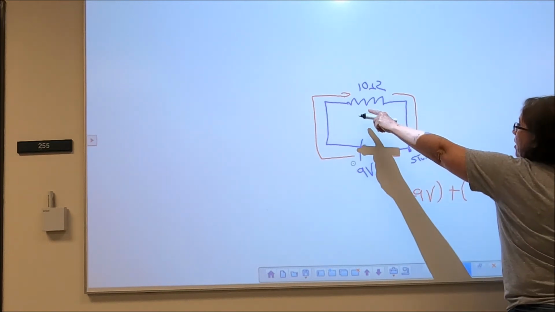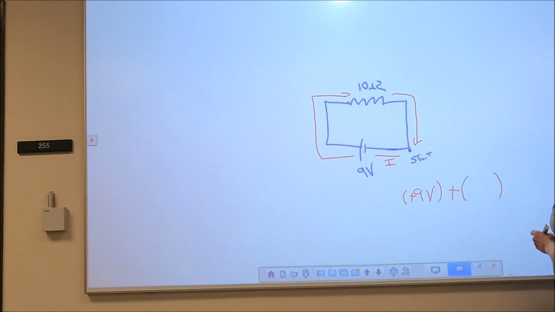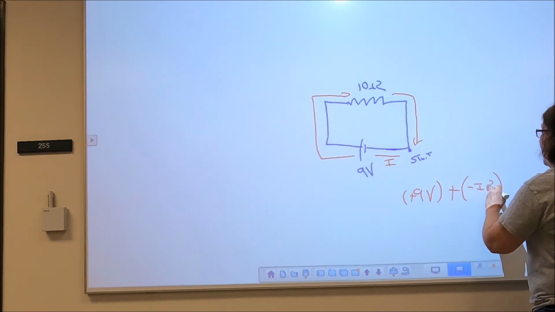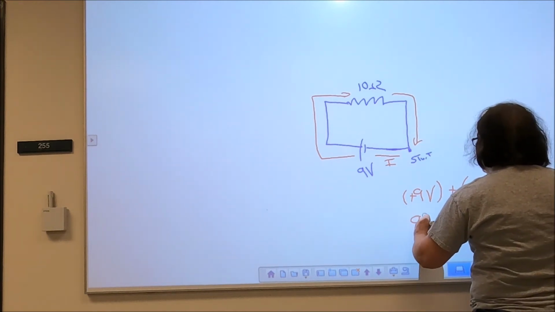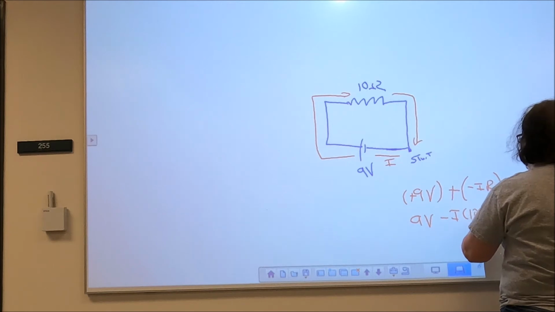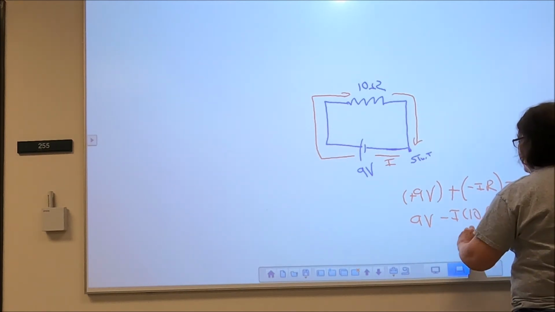If I go on around, I hit that resistor, I'm going to have a minus IR. And they all have to sum up to be 0. So I have 9 volts minus I times 10 ohms has to equal 0.